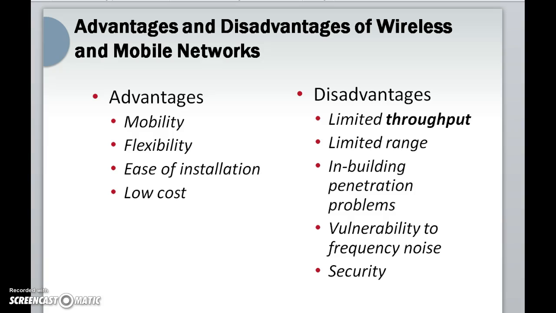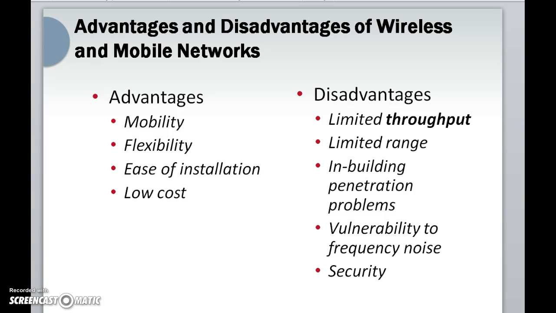Also, another problem could be in-building penetration. Wireless signals might not be able to pass through certain building materials. Also, vulnerability to frequency noise is another problem. Interference from other signals, normally noise, can cause transmission problems.